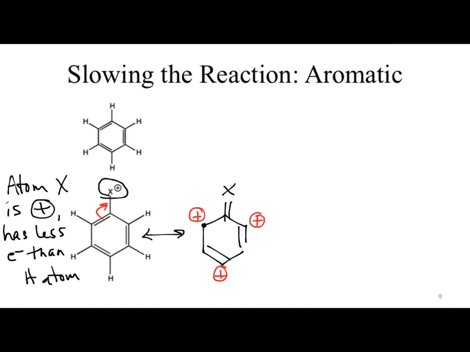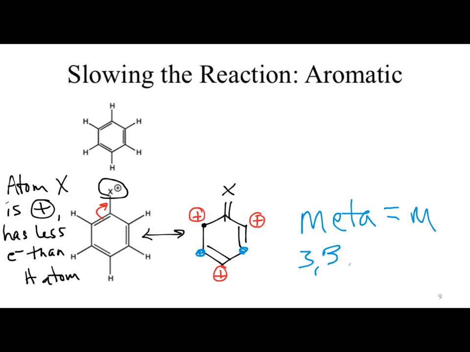Those positions cannot react because there is no electron density there, which means our reaction slows down. Okay, what's the only position left for it to react? The other ones. The other ones are meta positions. Okay, which would be the 3 or 5.